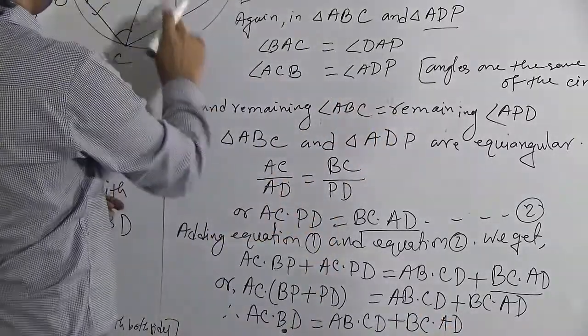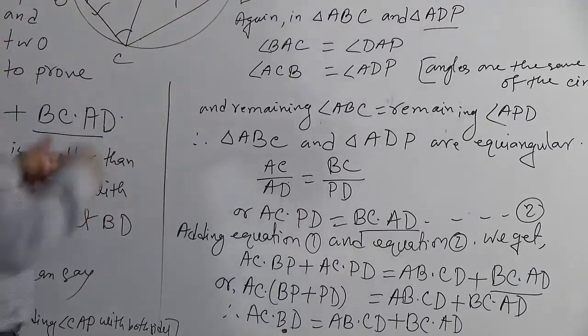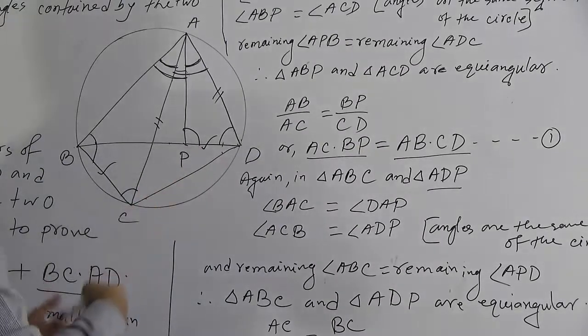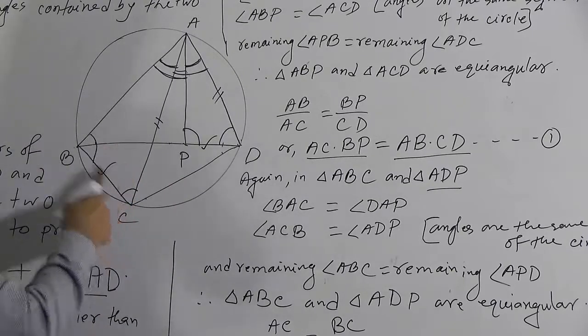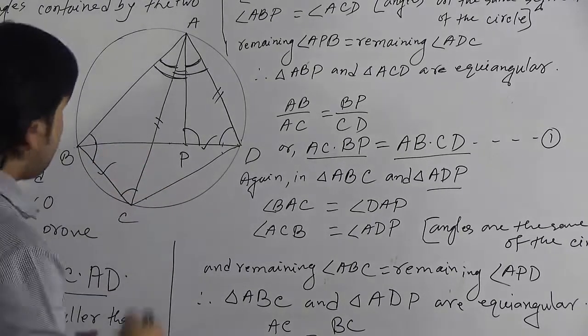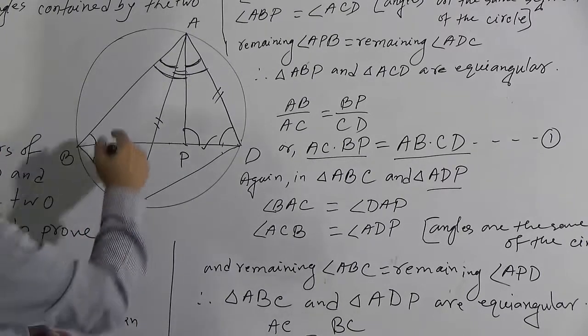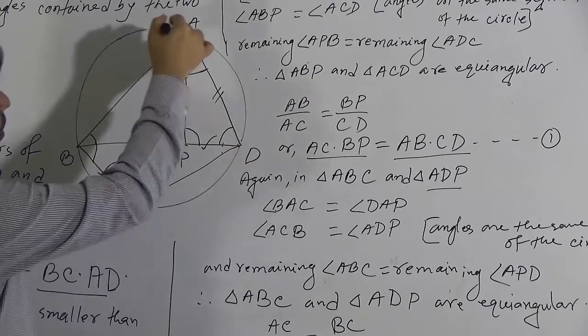Now see the figure: BP plus PD means the total length BD. So AC into BD is equal to AB into CD plus BC into AD. We have proved that the rectangle contained by the two diagonals is equal to the sum of the rectangles contained by the two pairs of opposite sides.